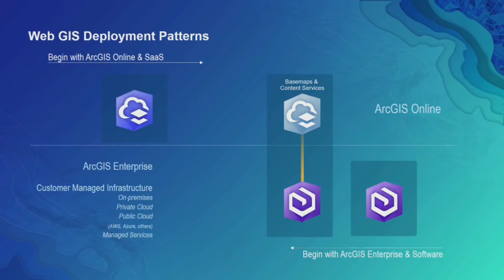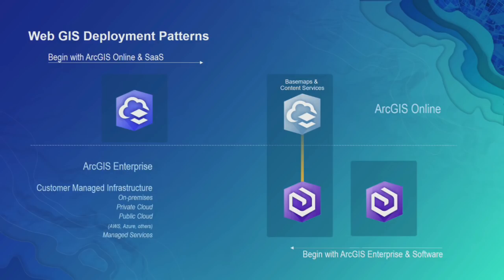Now, there are different hybrid approaches that you can use with ArcGIS Enterprise. So, for example, if you install a portal on your network, where are your Basemaps going to come from? Well, you're probably just going to be referencing those from ArcGIS Online if you have internet connectivity, which I'm sure most of you probably do. So you're referencing Basemap and content services, but your WebGIS user interface and your ArcGIS server services and all of that are coming from your ArcGIS Enterprise deployments.